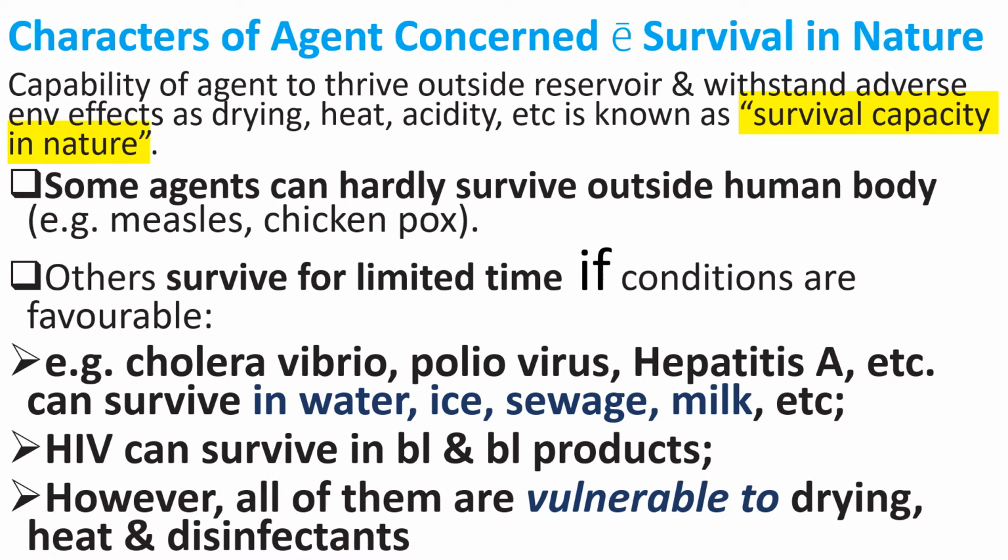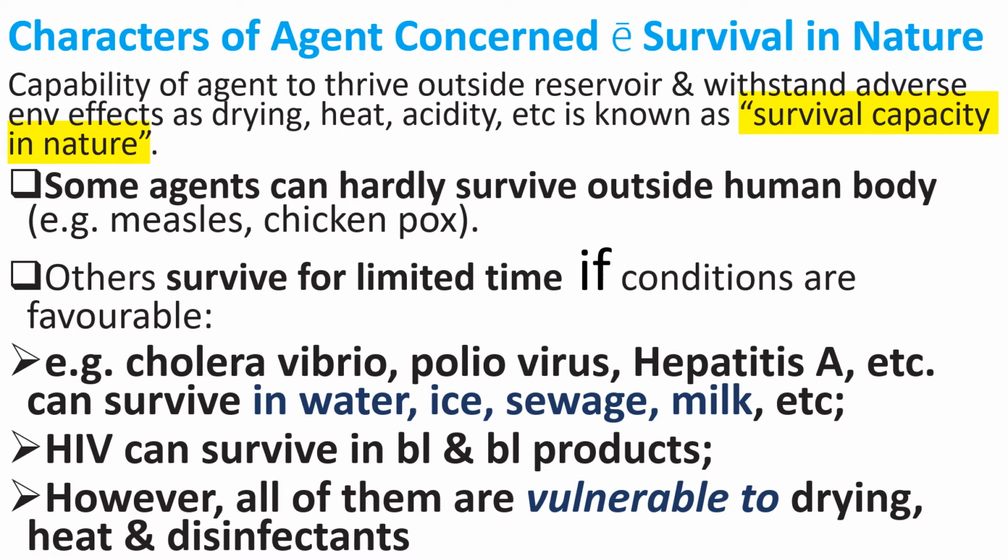Characters of agent concerned with survival in nature. This is called survival capacity in nature of organisms. Some agents can hardly survive outside human body, like measles and chickenpox.